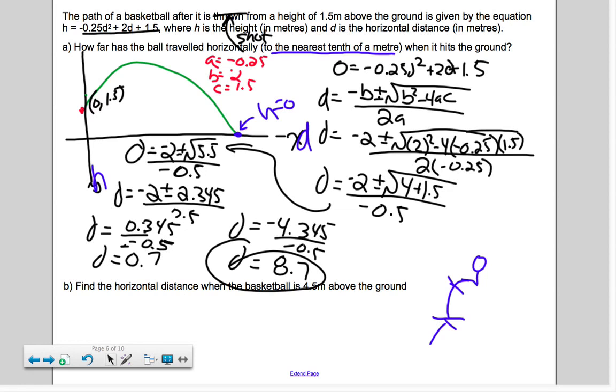It's kind of hard to do. So he's shooting it ahead of us, so the answer is going to be positive. So therefore, it hit the ground 8.7 meters away.